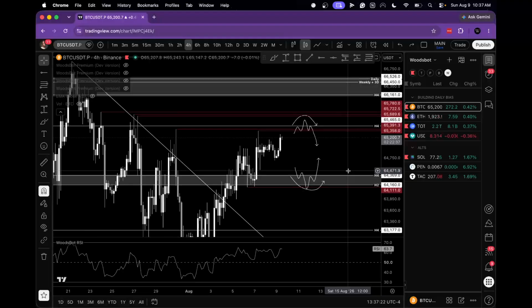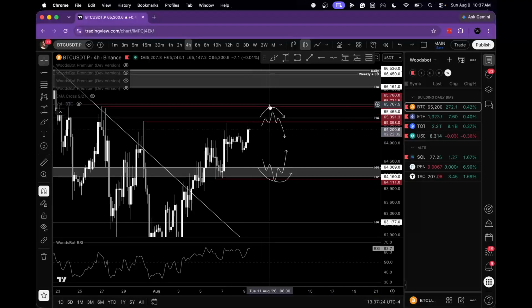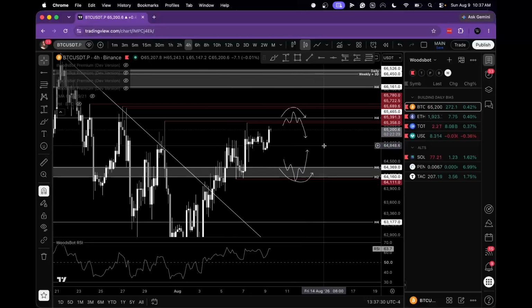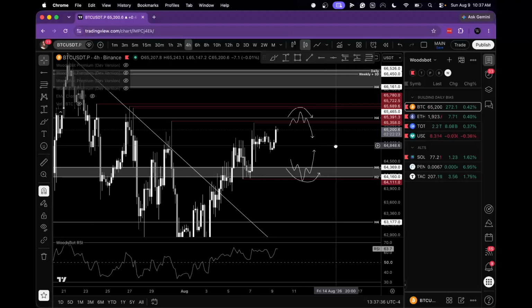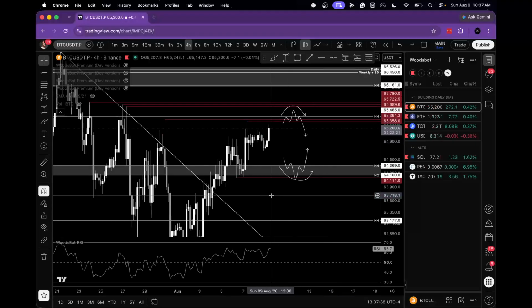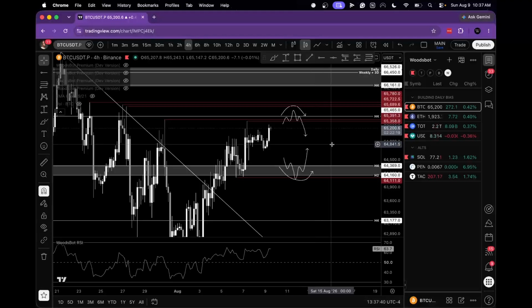But you can almost fully expect a move into this liquidity, and then most likely a move to grab lower liquidity before higher. It's how these tight choppy conditions and ranges work: price is seeking liquidity on either side, and you're most likely going to get a reaction.